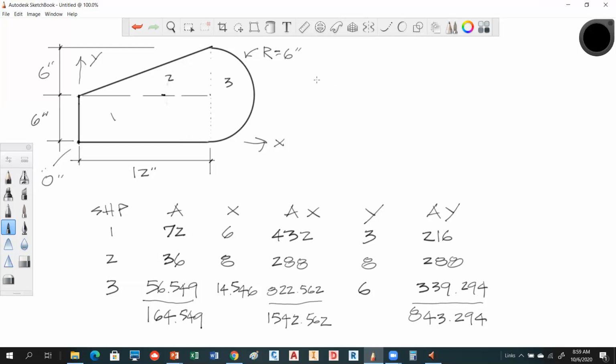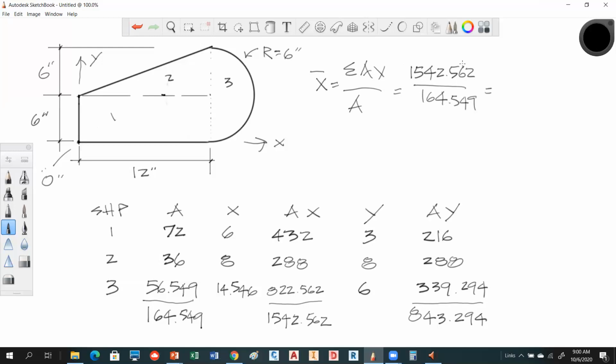Okay, so by equation, x bar distance is equal to the sum of the AXs divided by the sum of area. Now, keep in mind, this has a unit of to the third, and the bottom has a unit of to the second. So when you divide one by the other, you'll wind up with a unit of to the first. So that's how you're going to get into inches.